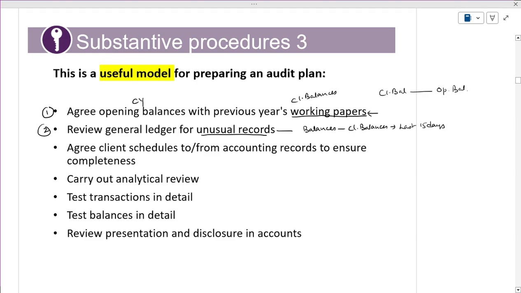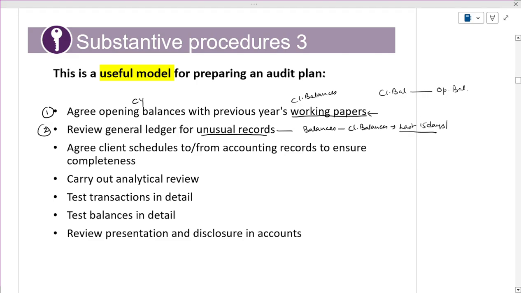Any unusual transactions happen? Unusual events have happened. That is the reason why you are comparing the current year with the previous year. You will see if there are any unusual transactions.